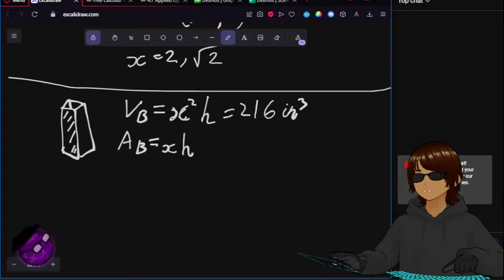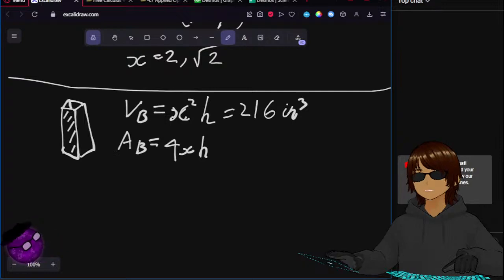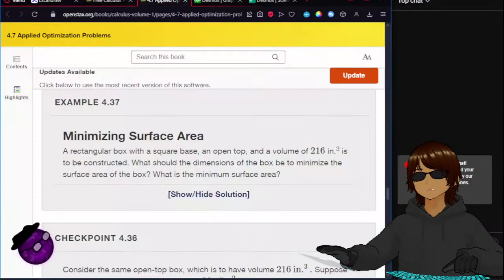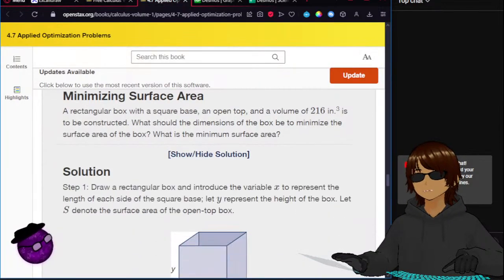So 4xh, and then the surface area at the bottom, which is x squared. But I don't think it matters if you're finding the minimum. I just need to see if the inside counts.